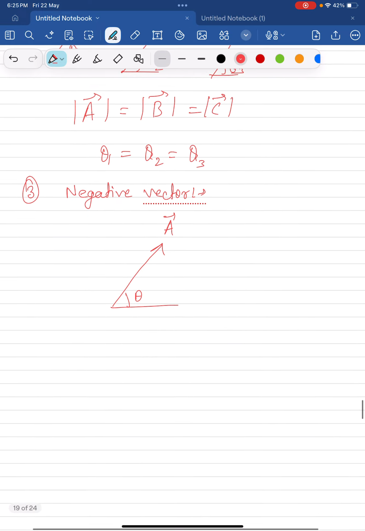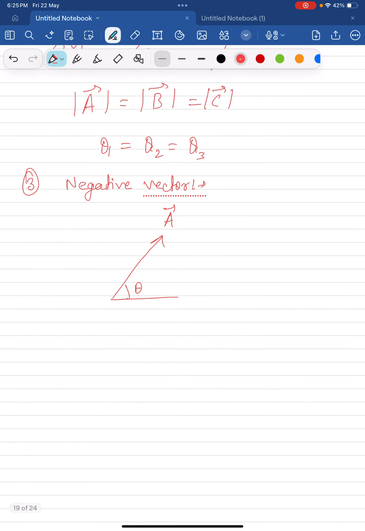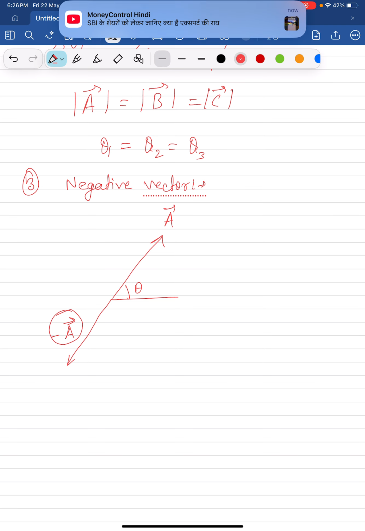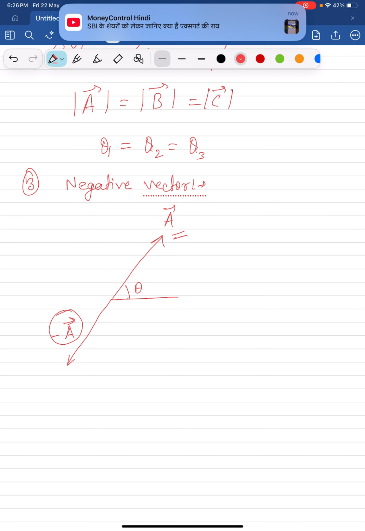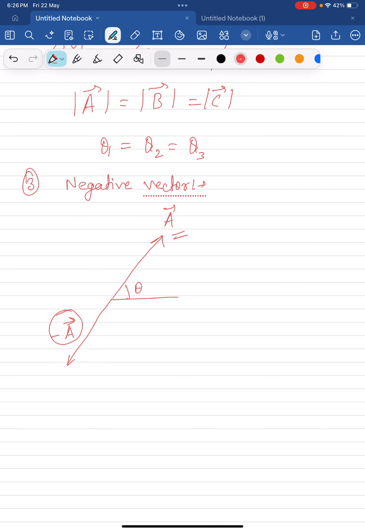If we reverse this vector, the magnitude of the vector will remain the same and the direction will be just reversed, just opposite to the given vector. Then this vector is the negative vector of the given vector. So the negative vector of a given vector is a vector having magnitude equal to the given vector and direction just opposite to the given vector.